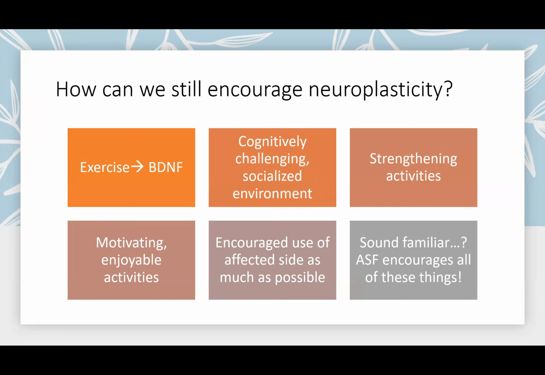The way to aid in spasticity recovery is to get the brain and the body back online together. So anything that we can do to help encourage that brain body connection is what is going to work towards recovering normal muscle tone and reducing spasticity.